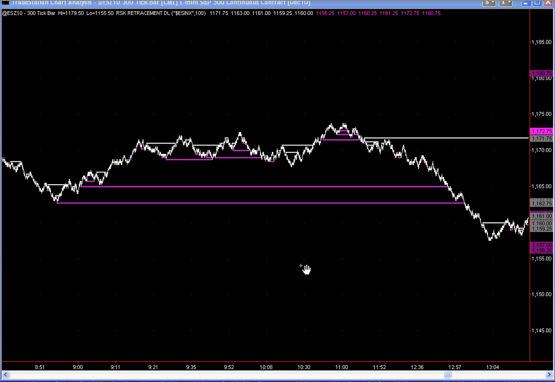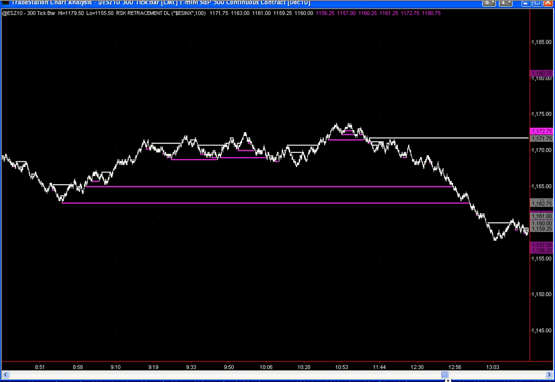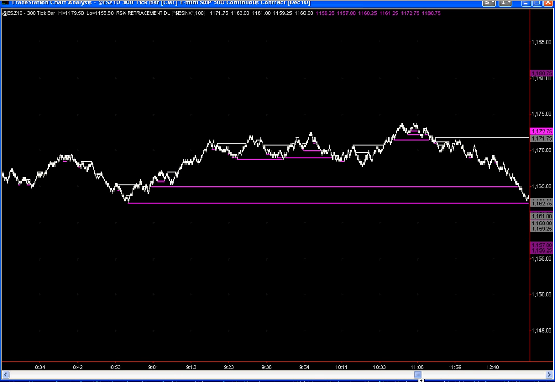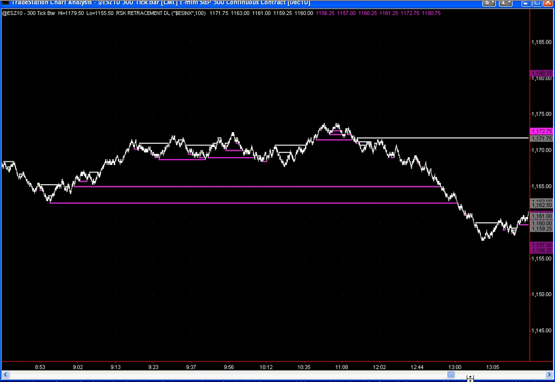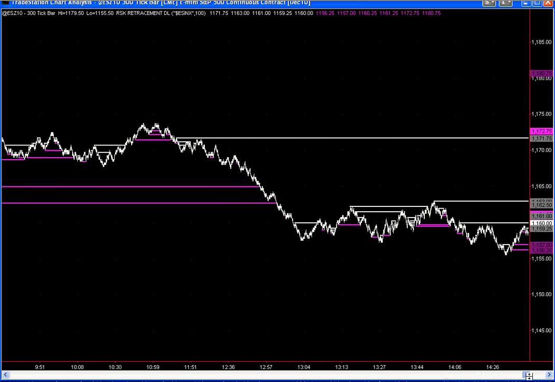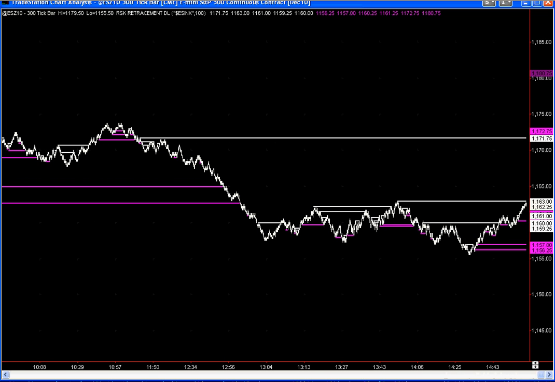Once again, we're going to start off our discussion by mentioning the accuracy of our retracement lines from the open. Here are our proprietary retracements. And once again, a very, very high level of retracement probability, over 94% today.